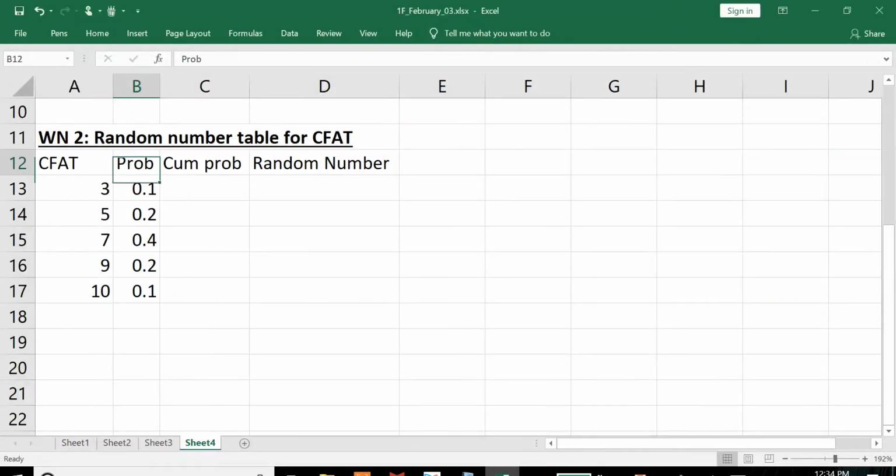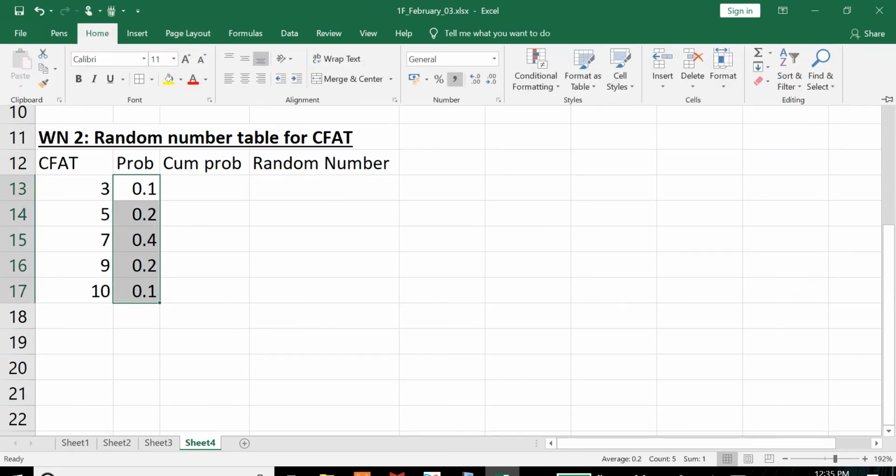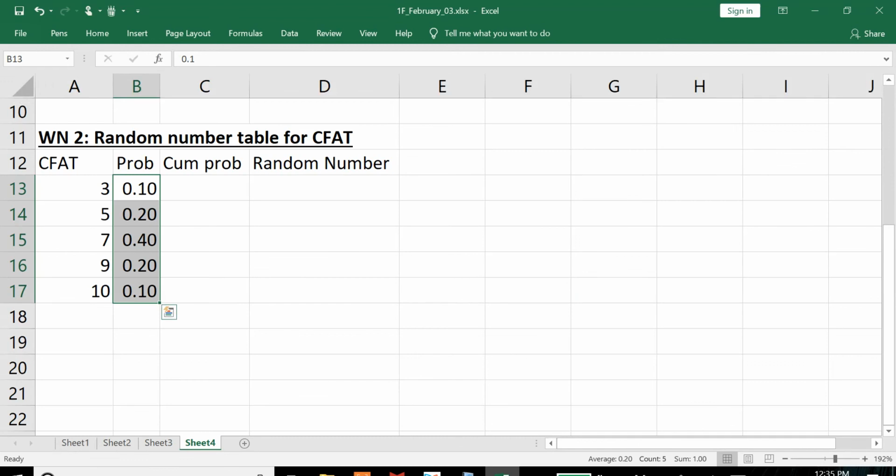Even if it is 0.10, write it as 0.10 itself, don't write it as 0.1. I need 2 decimals. We need 2 digits post the decimal, so make it that way itself.